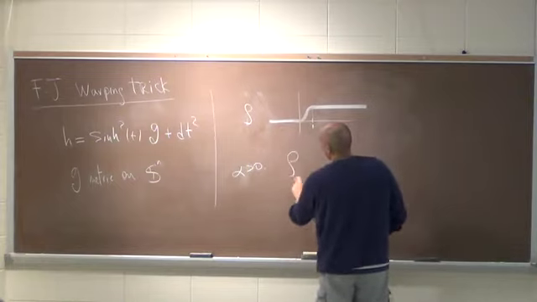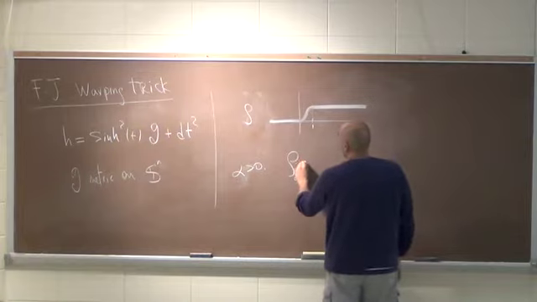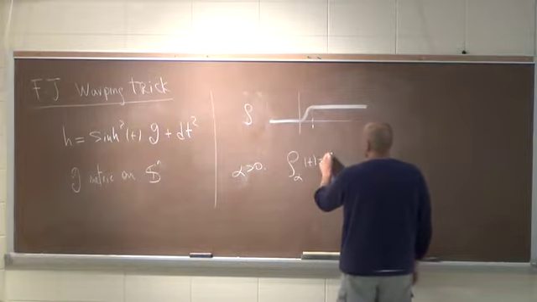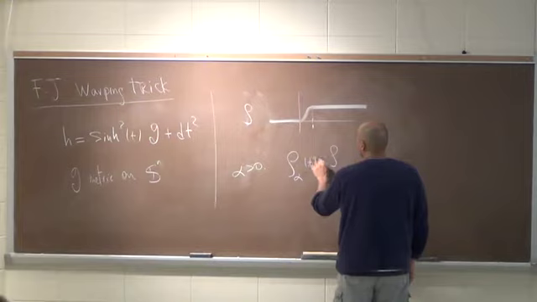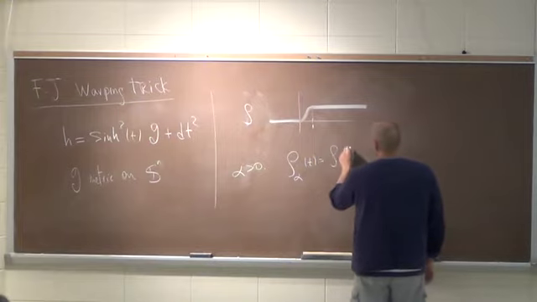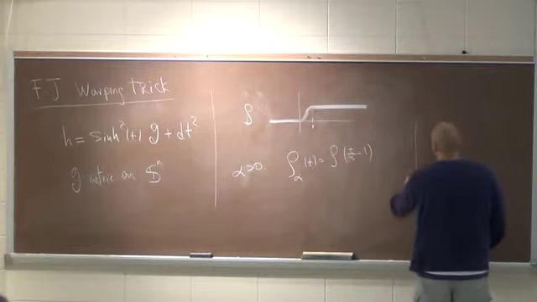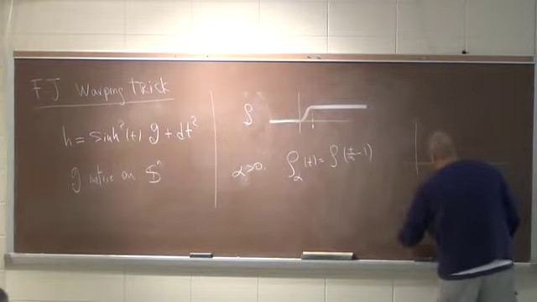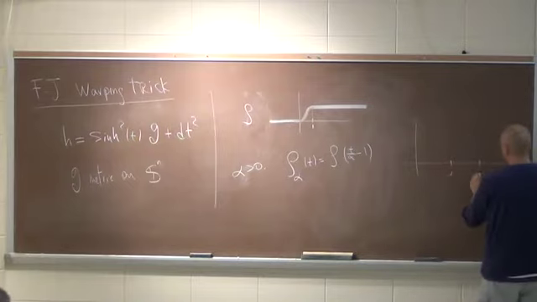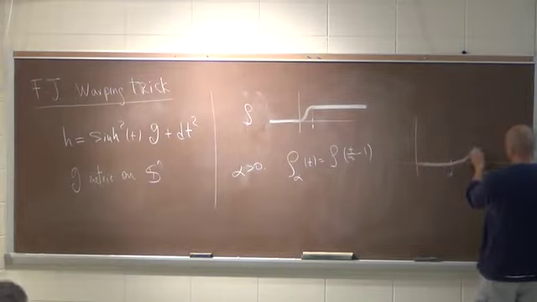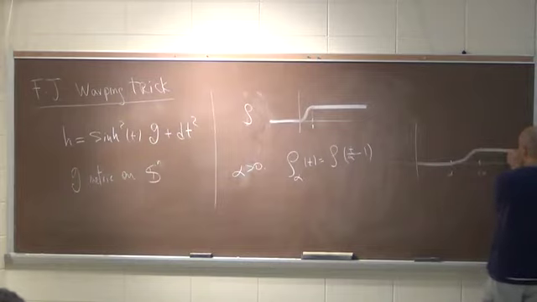I just rescale rho: rho alpha of t is defined as rho of t over alpha minus 1. So what this thing does is it is 0 at alpha, from alpha to 2 alpha it goes to 1, and then it's 1.